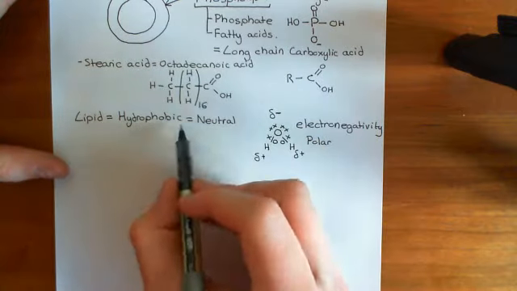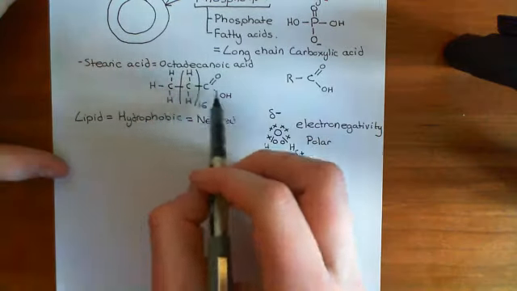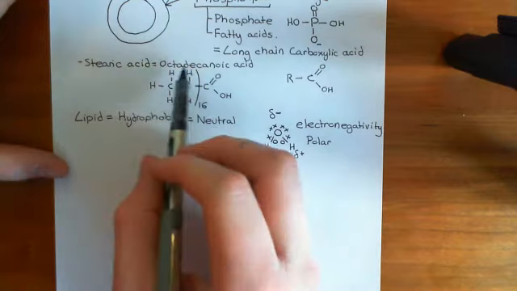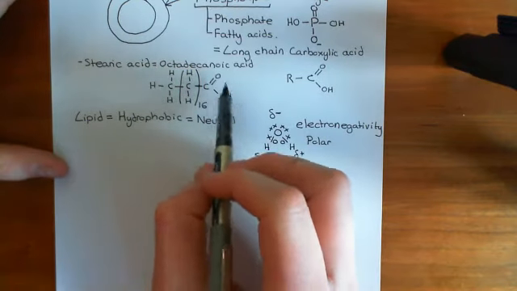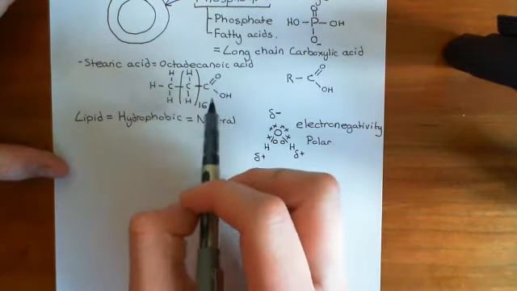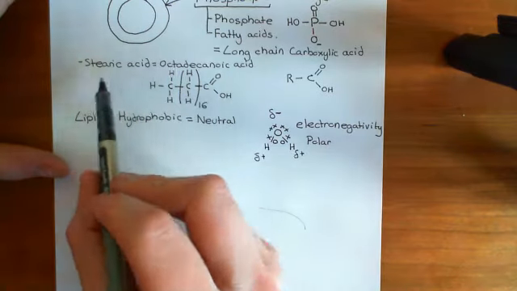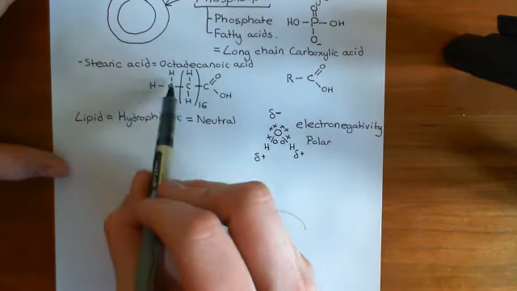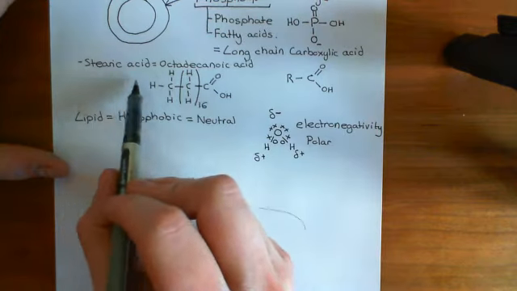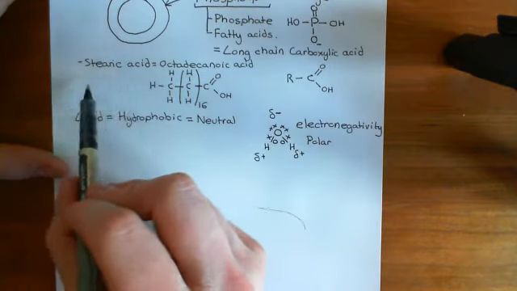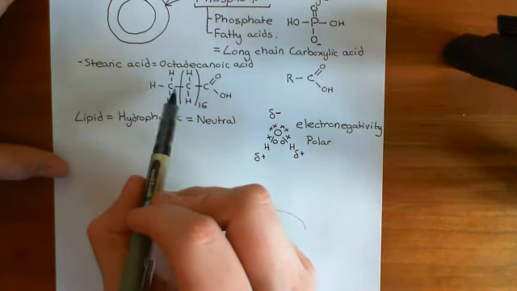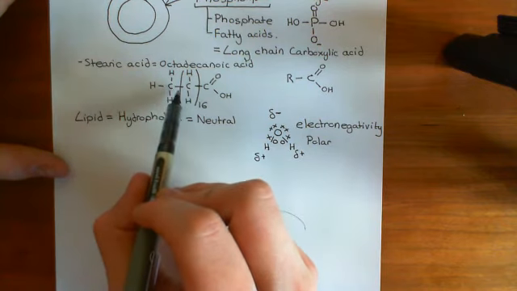Now, contrast that to an example of a lipid molecule that we have here, which is this long chain carboxylic acid, stearic acid. Stearic acid has this incredibly long tail of 17 carbons which are completely saturated. Now, that tail is extremely hydrophobic.